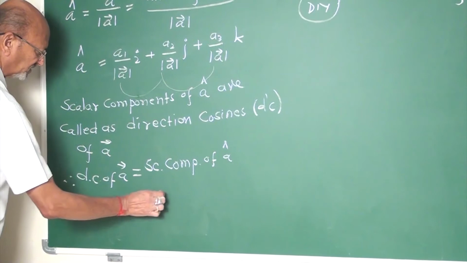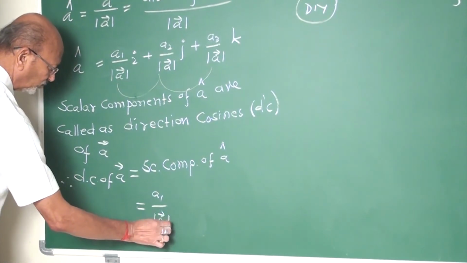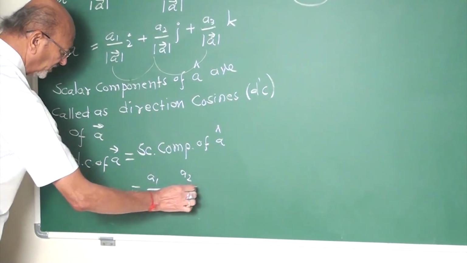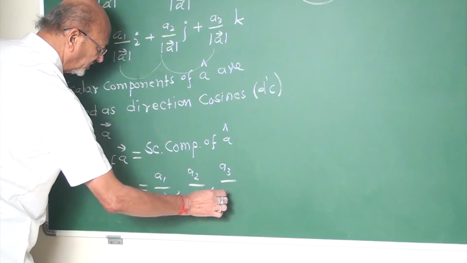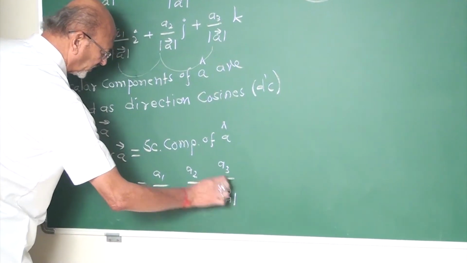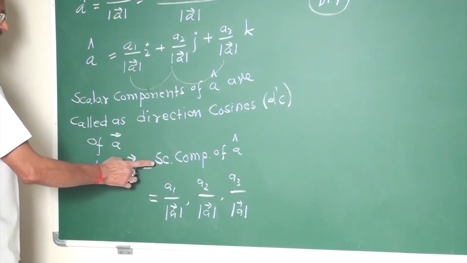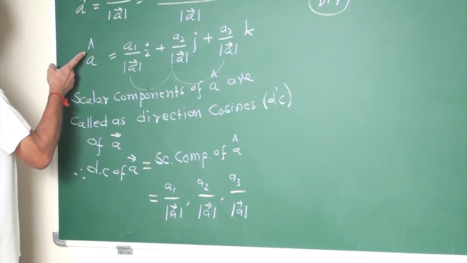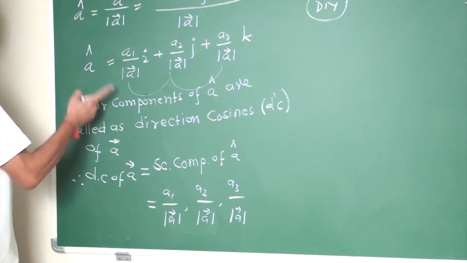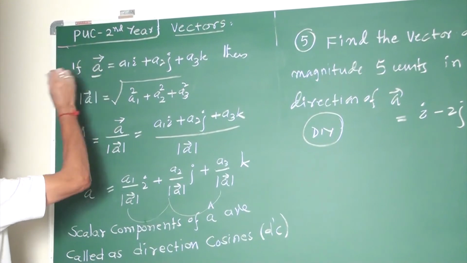What are these? These are nothing but A1 upon magnitude of A, A2 upon magnitude of A, A3 upon magnitude of A. These are nothing but direction cosines of vector A, which are nothing but scalar components of A cap.